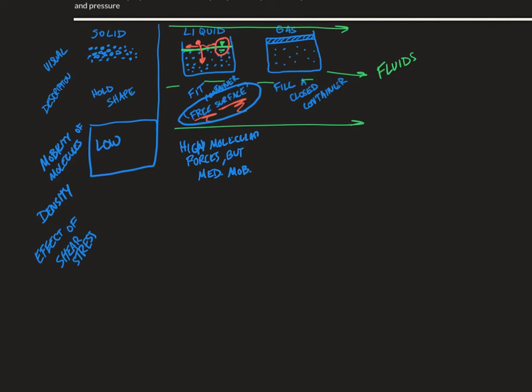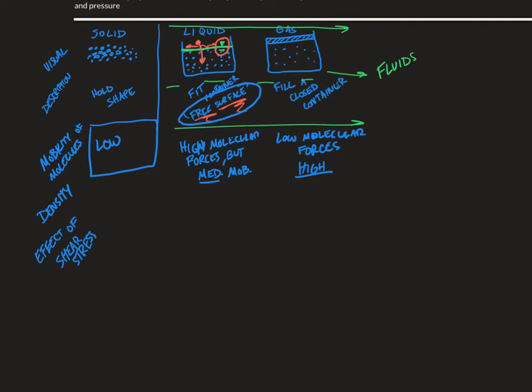And then if we were looking at a gas, basically, the molecules are so spaced that there are low molecular forces, and so this is really high mobility. Basically, as you move from right to left, the molecular forces become less and less important, and because of that, things become more and more mobile. So the gas is the most mobile, and the liquid is medium mobile, and the solid.